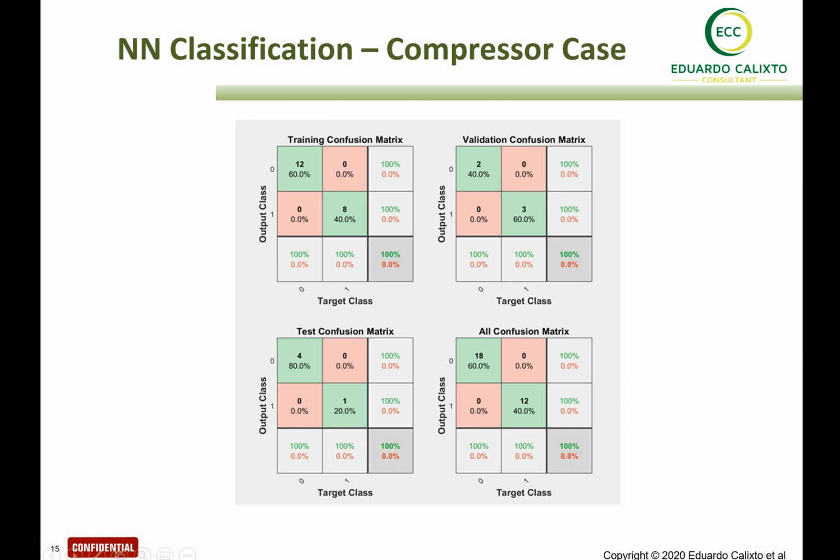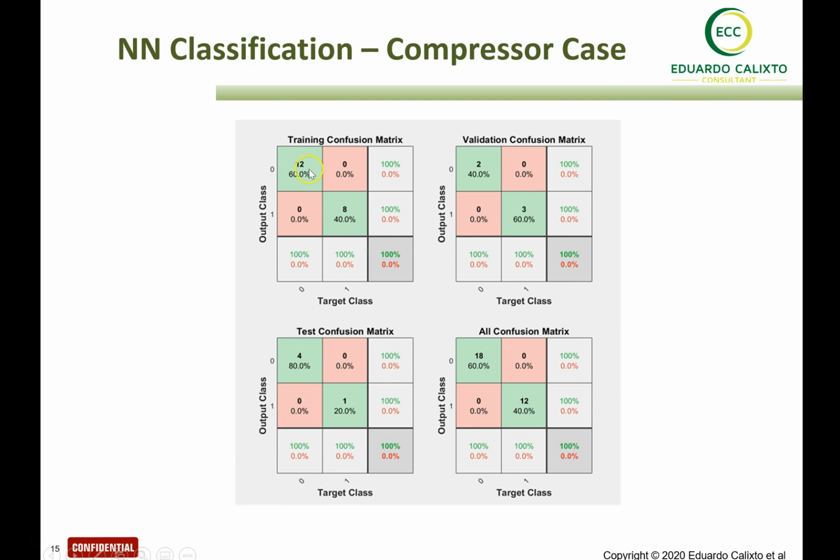In the end, of course, I will get this confusion matrix. We already saw the meaning of the confusion matrix. For this case, we have 4 confusion matrices. The first one considers only the training data.